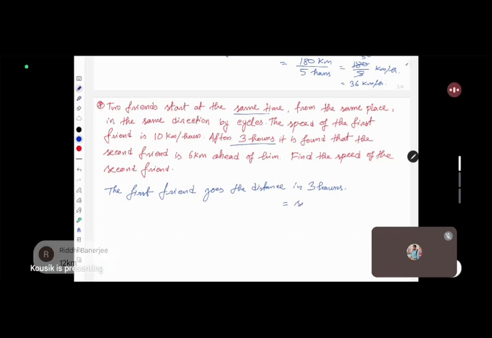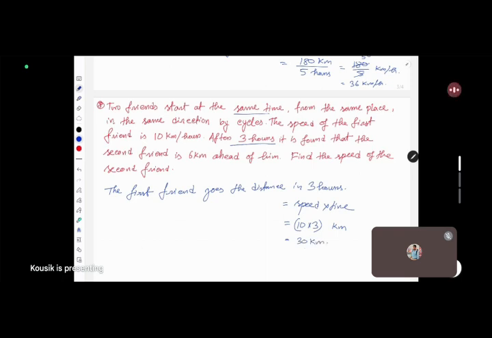The formula of distance is speed into time. So you should multiply the speed into time. We get the distance in kilometer. Why? See there, because there is hour and there is per hour. This time is same. So we get the unit of distance is kilometer. 30 kilometer.